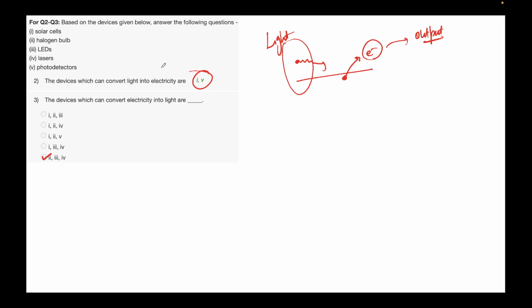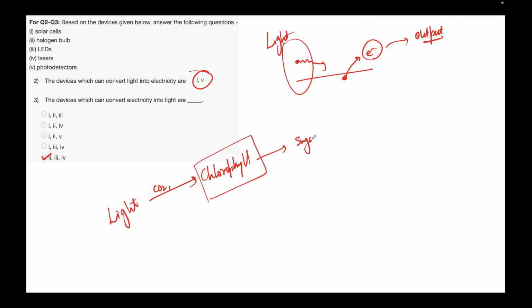Light to chemical energy. This is, in fact, something without which life as we know it will not survive. It's the chlorophyll that you have in the plants. So what chlorophyll does is it takes sunlight, and also, if I believe, CO2 and one more material which I'm forgetting, and this chlorophyll converts this light into chemical energy in terms of, let's say, sugars, glucose, fructose and whatnot.